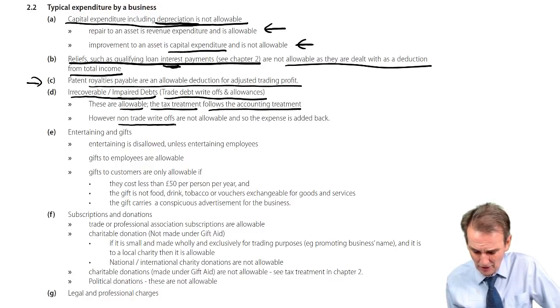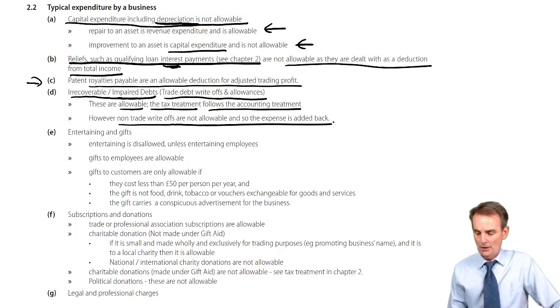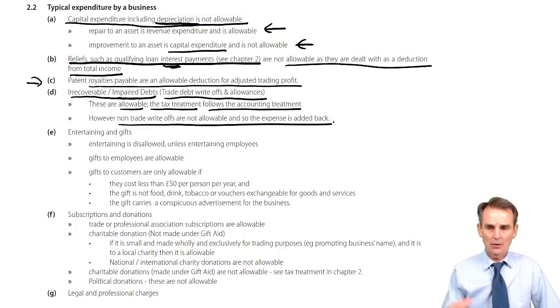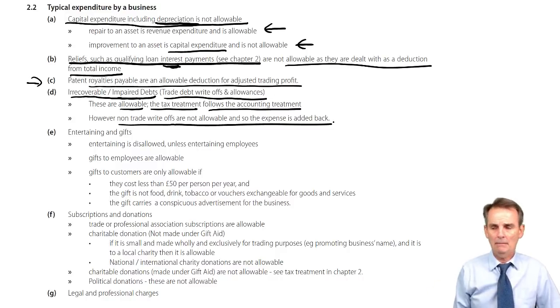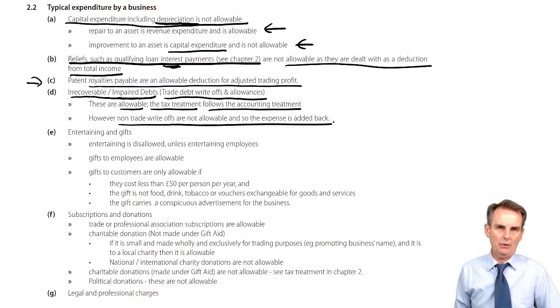However, any non-trade write-offs are not allowable, so the expense would be added back. So, for example, you're told that you've written off a customer debt who went into liquidation and therefore could not pay. Fine, trading debt, write it off, it's an allowable deduction. So no adjustment of profit required.